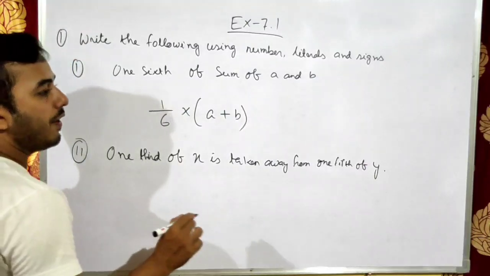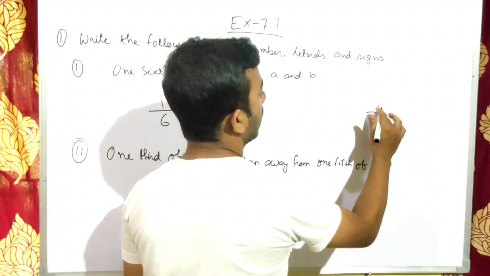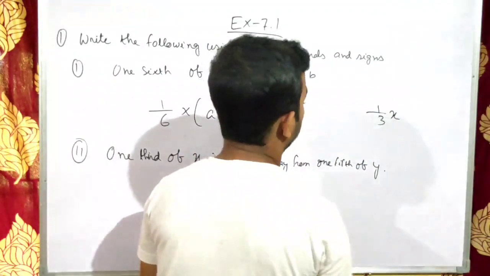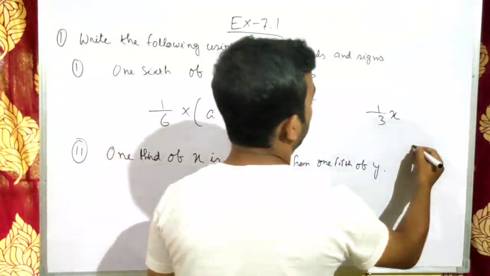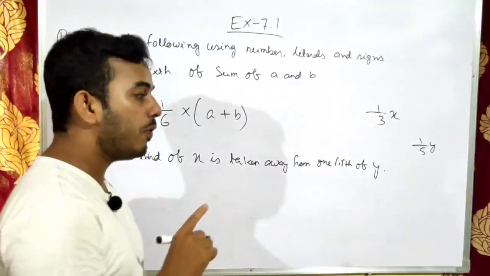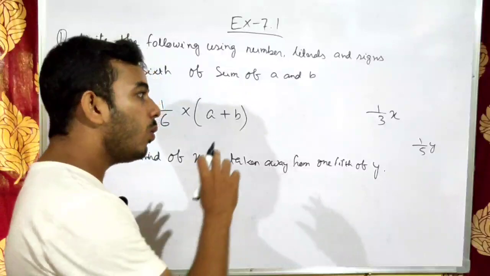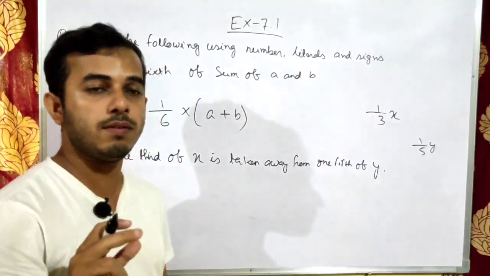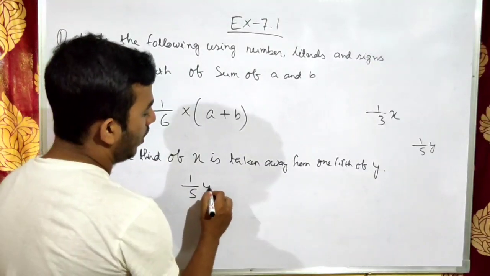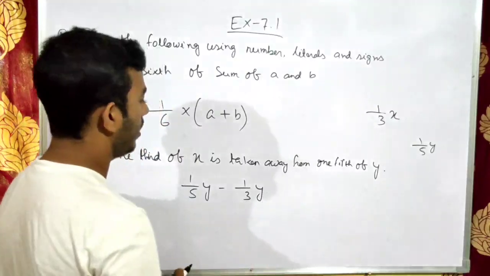So 1/3 of x means 1/3 into x, that is 1/3x. Then 1/5 of y means 1/5 into y. So 1/3 of x is taken away from this. We are subtracting 1/3 x from 1/5 y, so we will write it like this: 1/5 y minus 1/3 x.